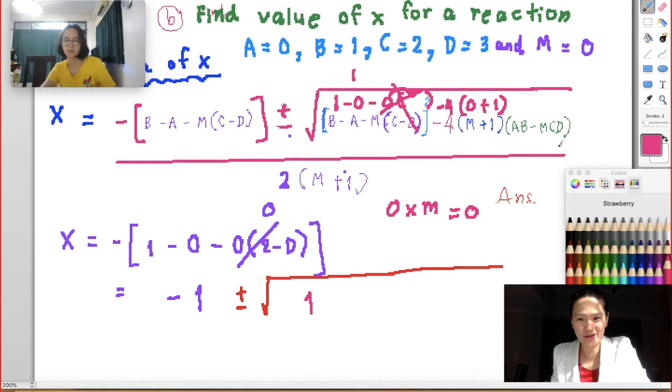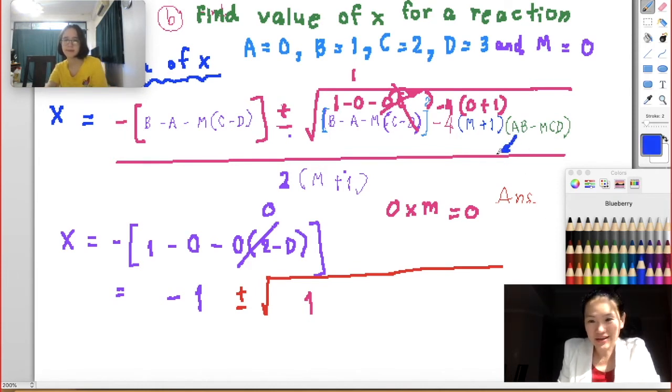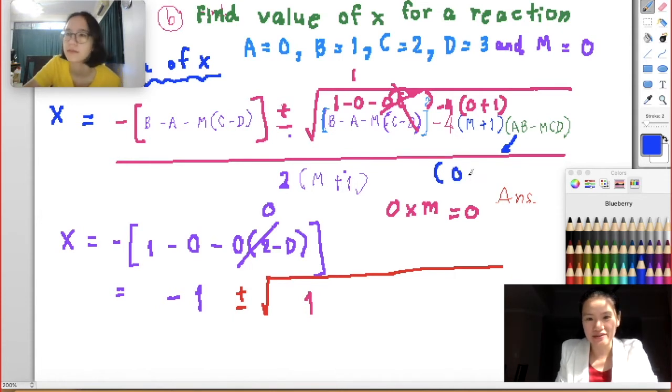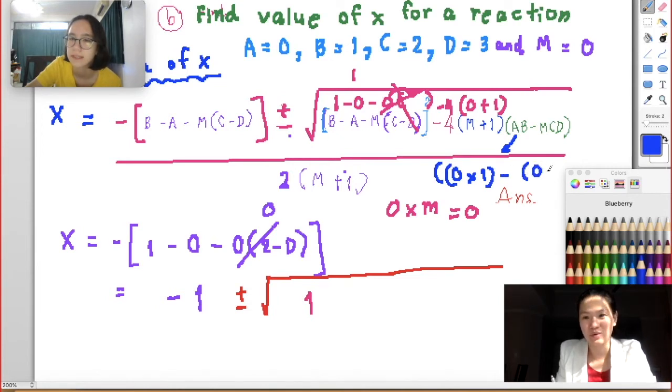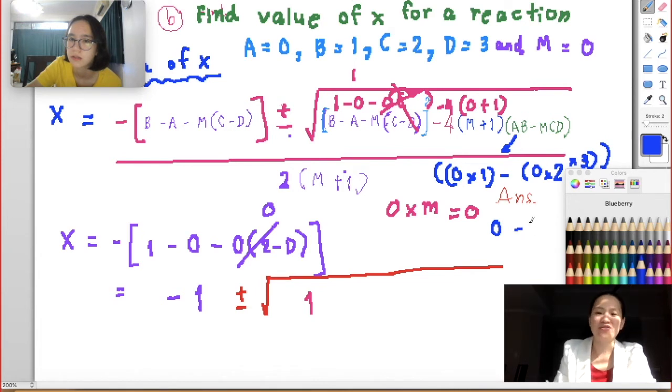Let me show you again. a minus b is 0 multiplied with 1, and then minus mcd. m is 0, c is 2, and d is 3. 0 multiplied with 1 is 0. 0 multiplied with 2 multiplied with 3 is 0.